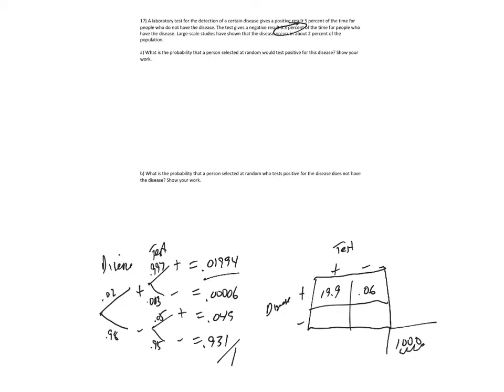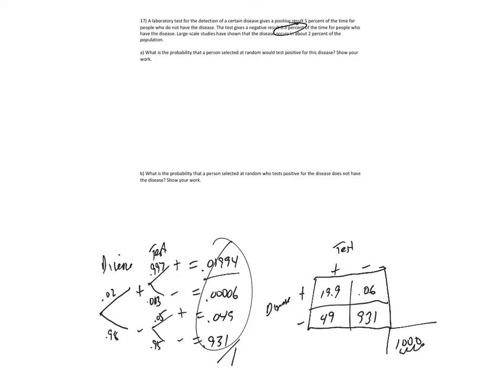There would be 49 people who do not have the disease but test positive, and 931 people who are negative. So again, all I've done is I've taken the probabilities that we have here and converted them to closer to whole number values. I could certainly move this over another 2 decimal places, so I'd get 6 in the top right rather than 0.06, but this gives me another way of looking at this.